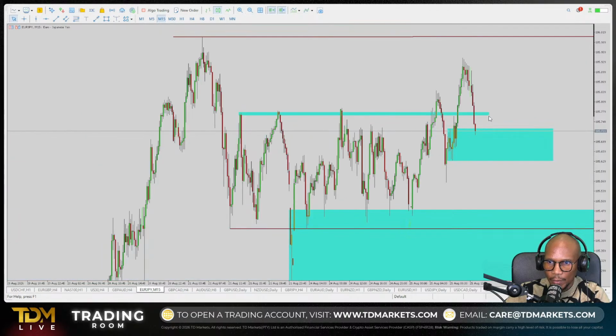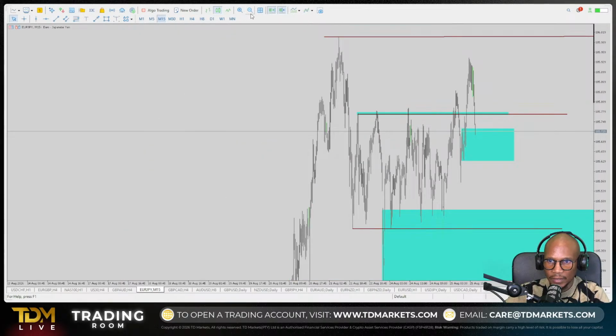So you see how it's broken back below? Wait for it to break back above it, and then you can look for your trades.